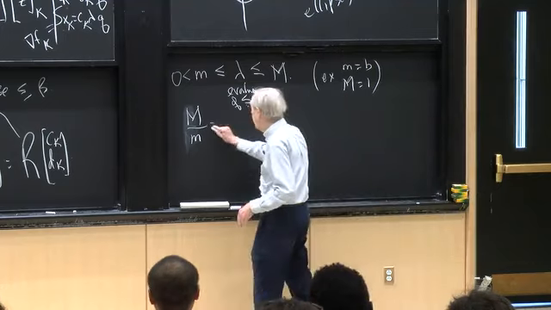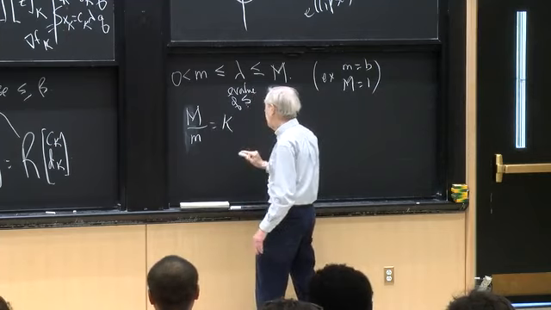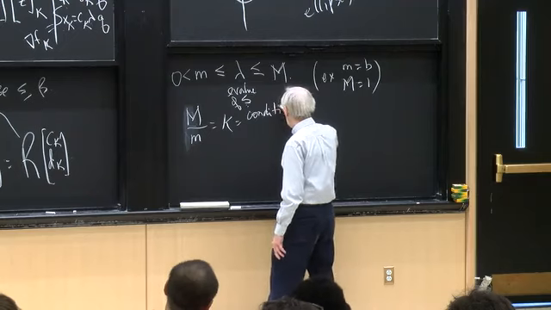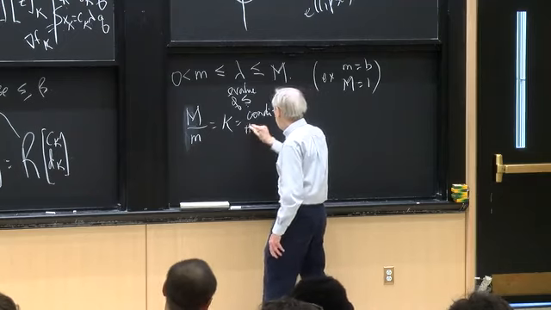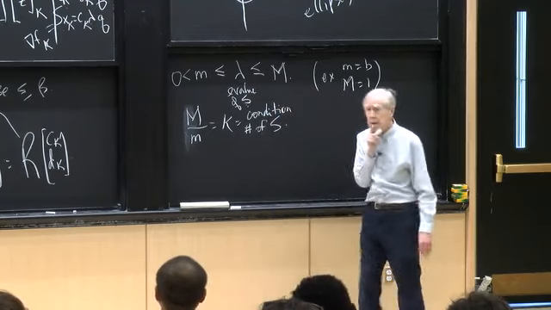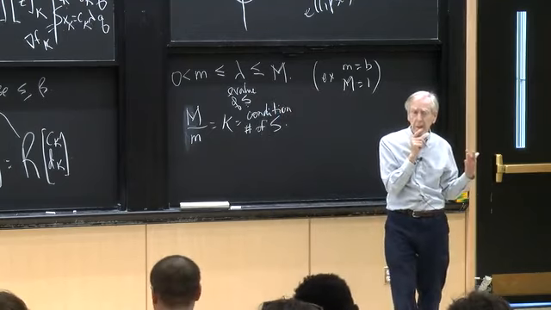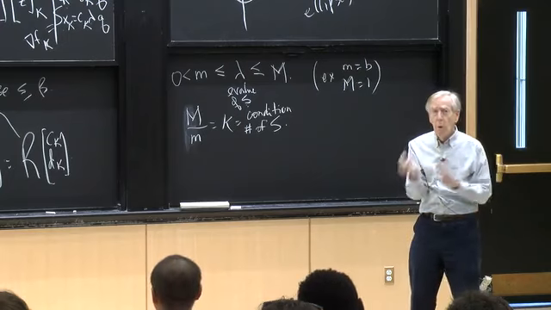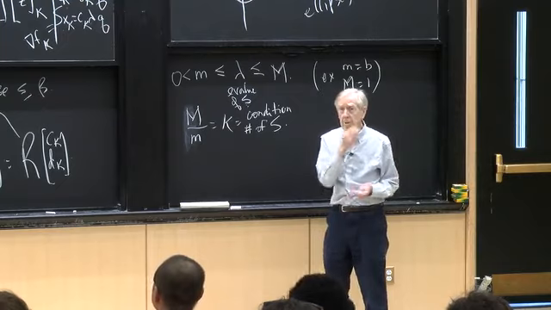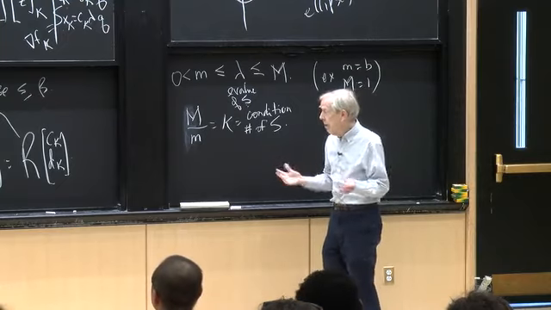This is sometimes written kappa, the Greek letter kappa, the condition number of S. And when that's big, then the problem is going to be harder. When that's 1, then my matrix is just a multiple of the identity matrix, and the problem is trivial.